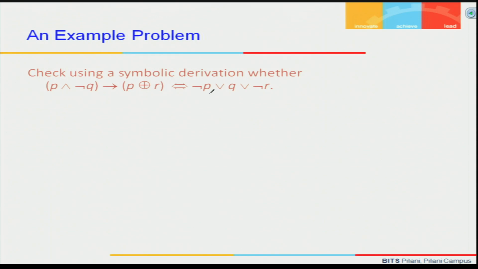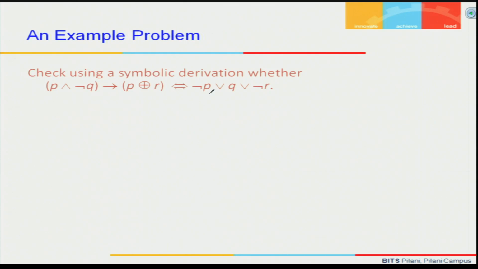There are two ways that you can prove equivalence of compound propositions. One way is using the truth table. How do you do it? For all different combinations of values that your atomic propositions assume, your compound proposition always returns true as its truth value. Then you say the two compound propositions are equivalent.